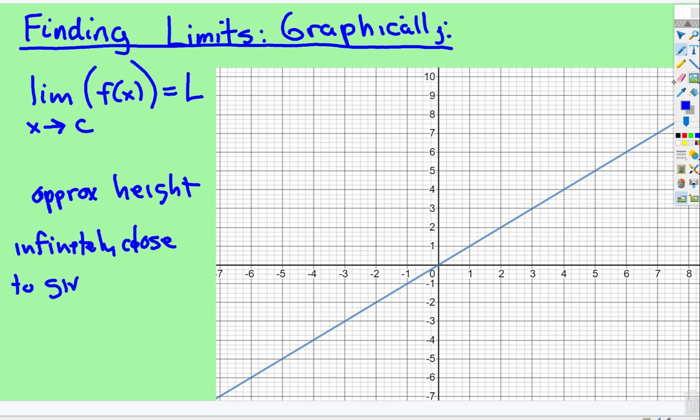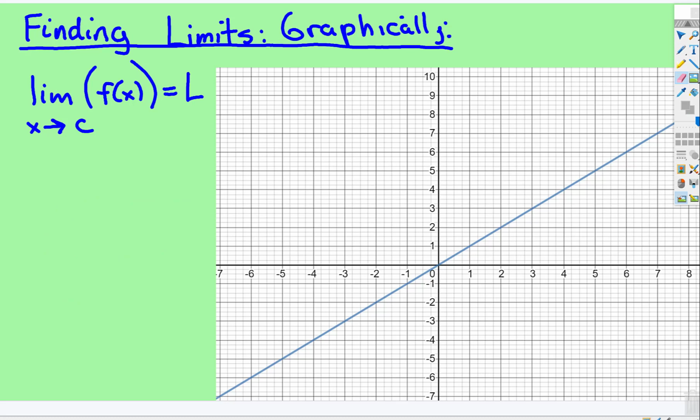So I'm going to stop writing that stuff down. You guys can remember that. So let's say we're going to get infinitely close to 4. Not touching 4, but just getting really, really, really close to 4.